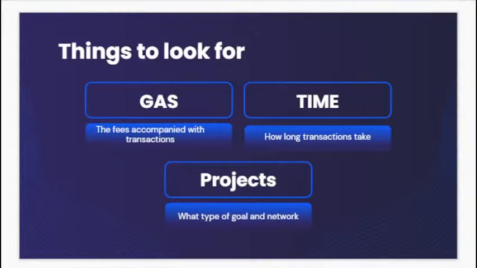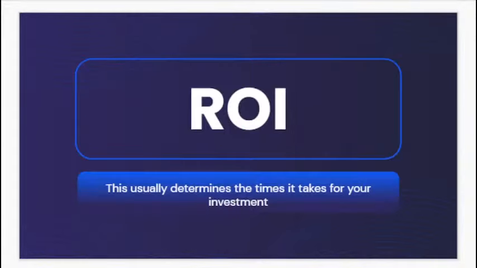So with those projects, it's different factors of gas, time, and what the overall goals of each one are. The next thing we're going to look at when you're looking at a project is ROI.